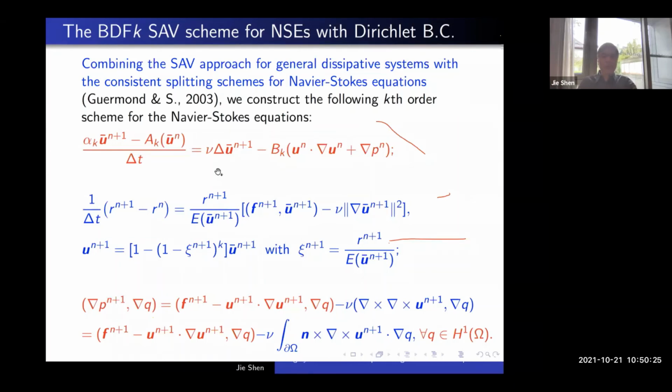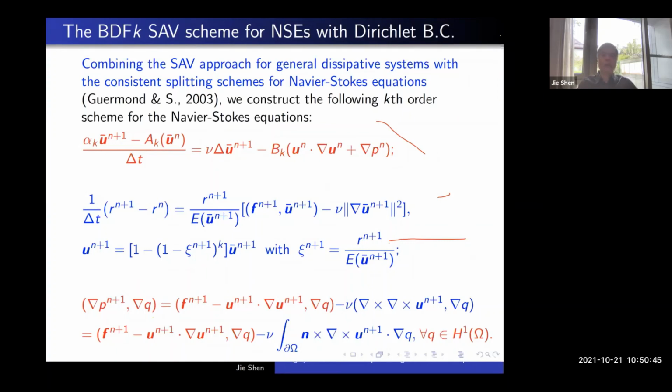Let me talk a little bit about a Stokes equation with Dirichlet boundary condition. With Dirichlet boundary condition, the difficulty is we don't have a pressure boundary condition.